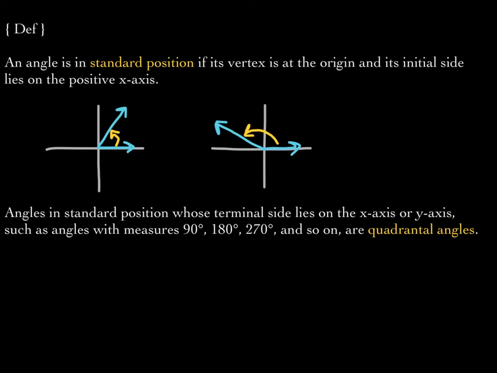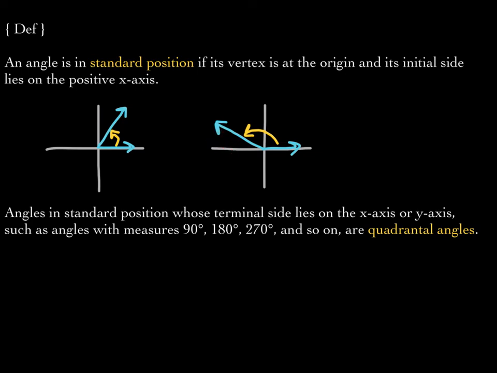So because this terminal side lies in quadrant 1, then this angle is said to be in quadrant 1. This angle is said to lie in quadrant 2 because its terminal side is in quadrant 2. So the quadrant that holds the angle is the quadrant in which the terminal side lies. It's all about where that terminal side is.